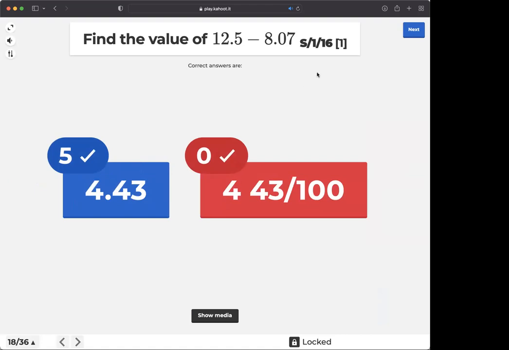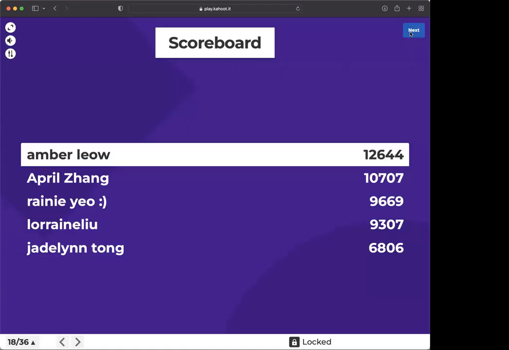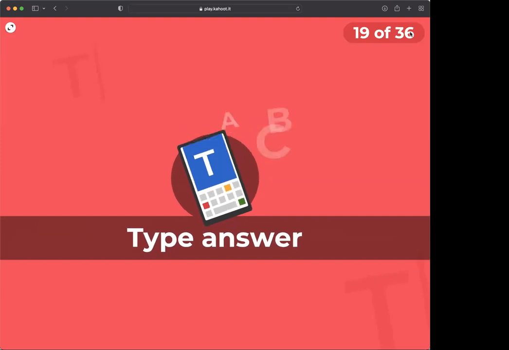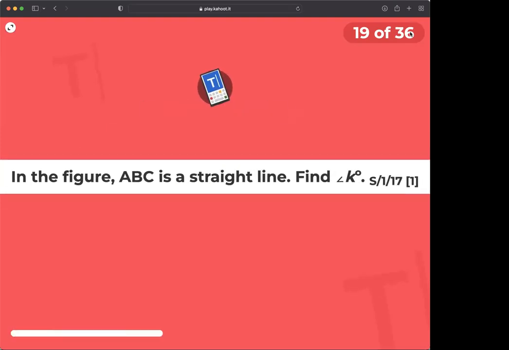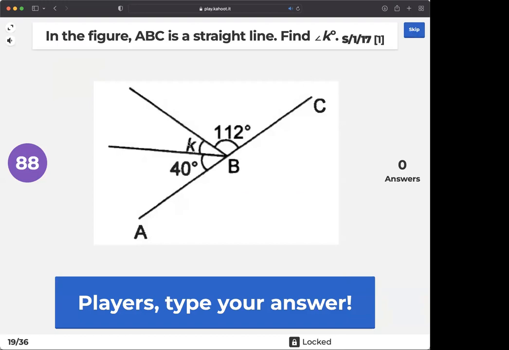Okay, very good. All of you got it correct. Let's continue. Next question, 1 mark. Find the angle K.